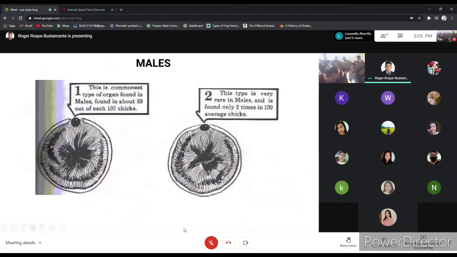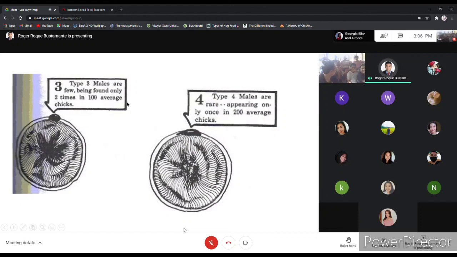For males, this is the commonest type of organ, found in 39 out of 100 chicks. This type is very rare also in males, and can appear 2 times in an average of 100 chicks examined. For type 3, males are few, being found only 2 times in 100 average chicks, while type 4 are rare, appearing only once in 200 average chicks.